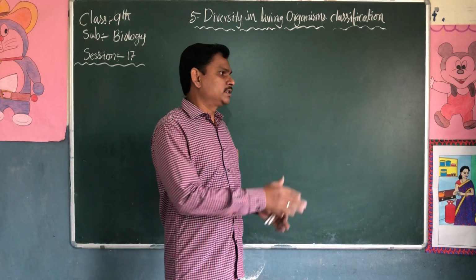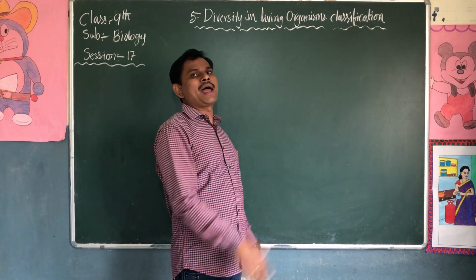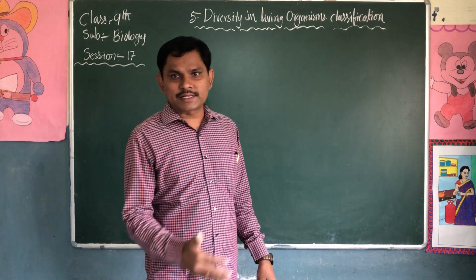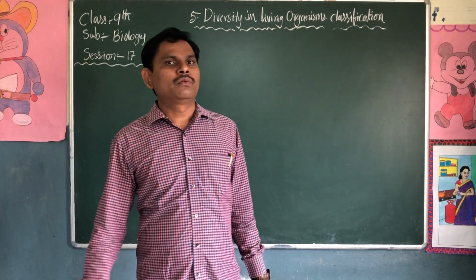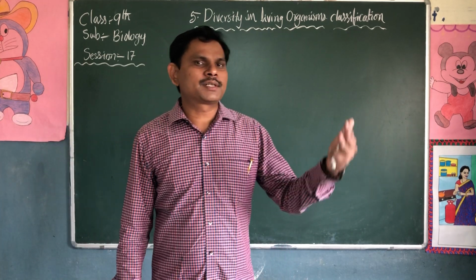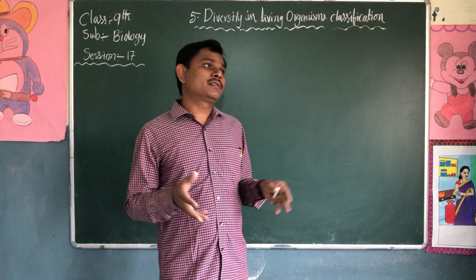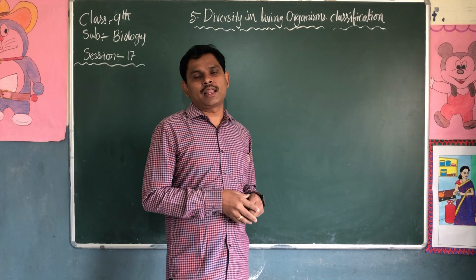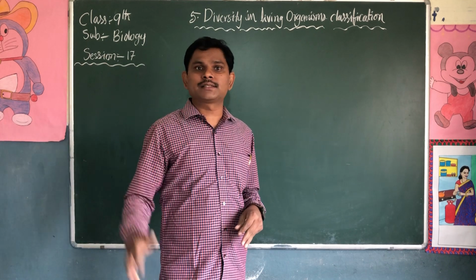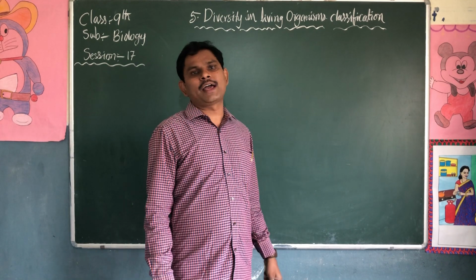That's why they are divided into animals and plants. Animals come under one group, plants come under another group. In plants, again there are so many differences, like flowering plants and non-flowering plants.